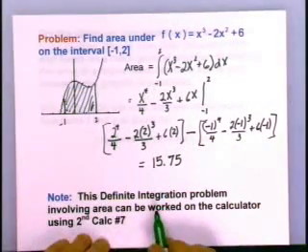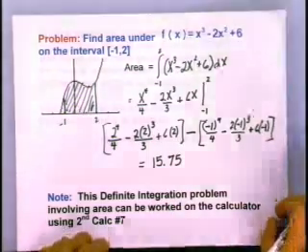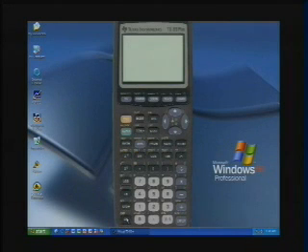Let's switch to our calculator and take another look at this problem. I want to show you another calculator function. So what I'm going to do is go to the y equal menu and type in our function.